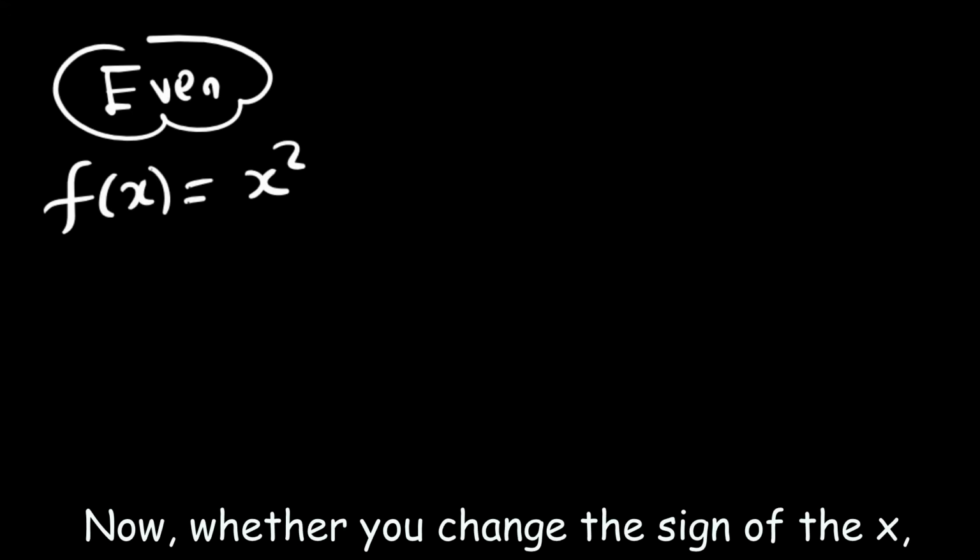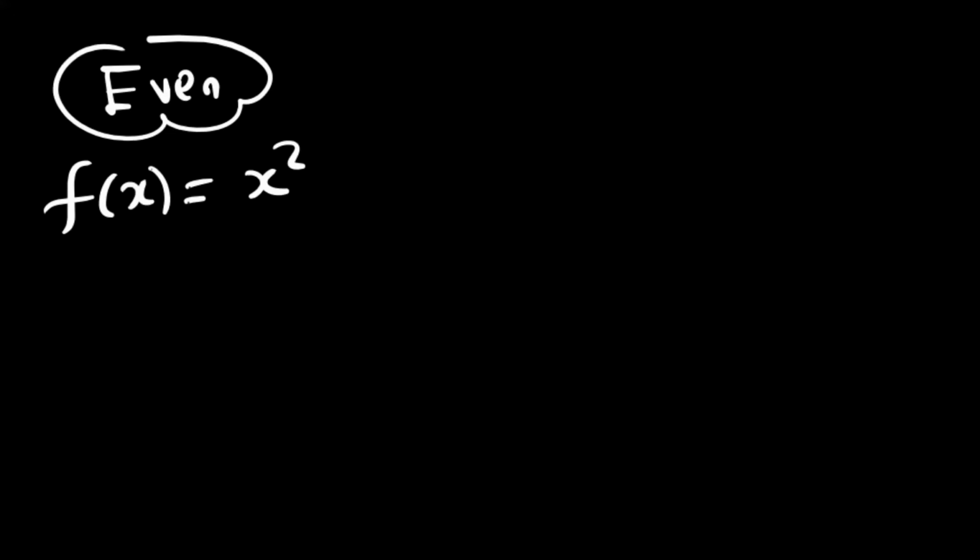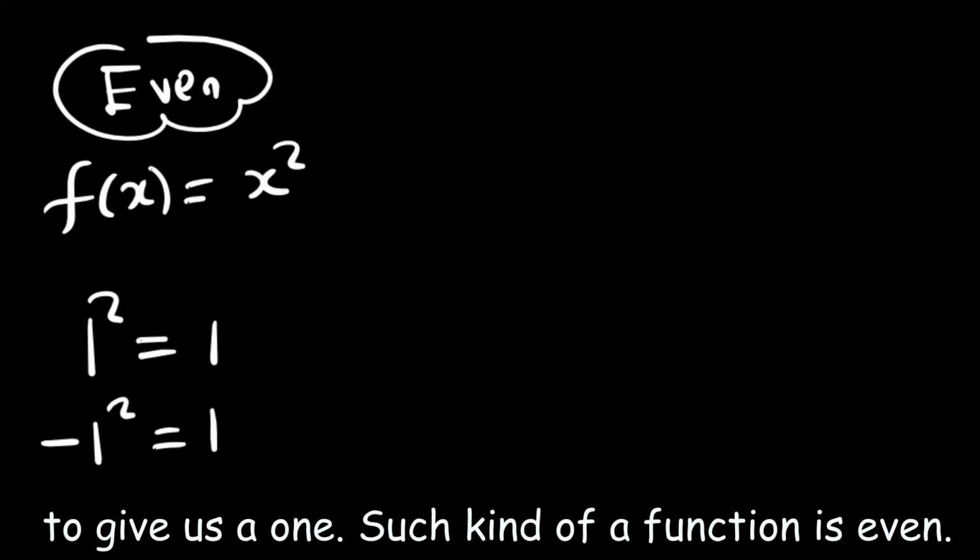Whether you change the sign of the x, you still have the same y value. For example, let's say x is 1 and we square it, 1 is going to give us 1. And if the same x is now negative and we square it, it's still going to give us a 1. Such a kind of function is even.